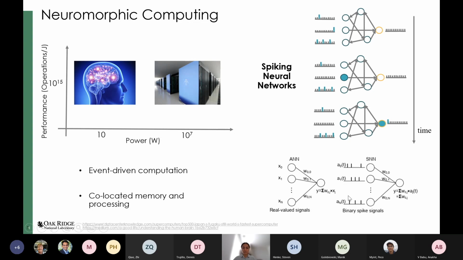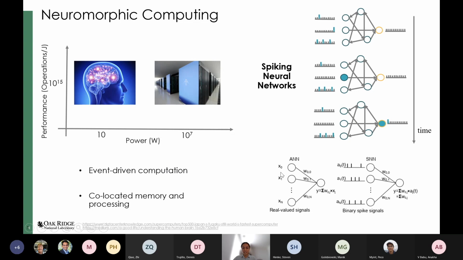As a contrast with what we know from the traditional machine learning domain, which has what are called artificial neural networks, we just term the traditional neural networks as ANNs, and the ones that we use in neuromorphic computing as spiking neural networks.